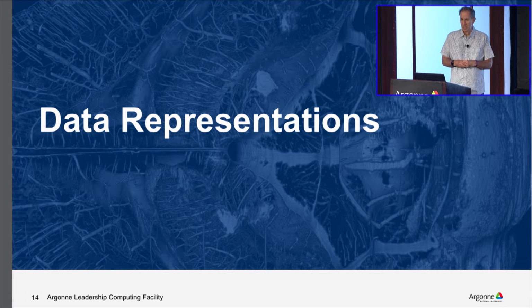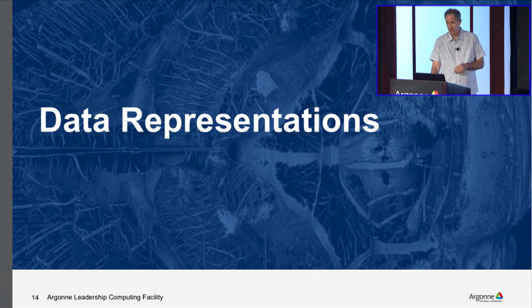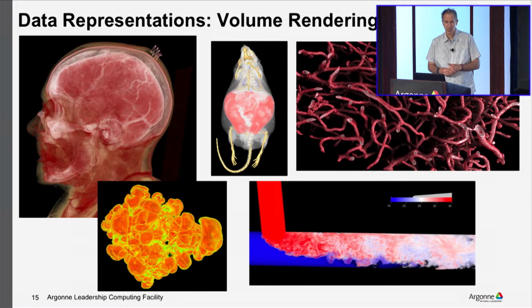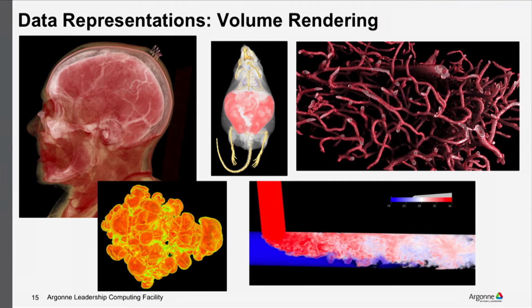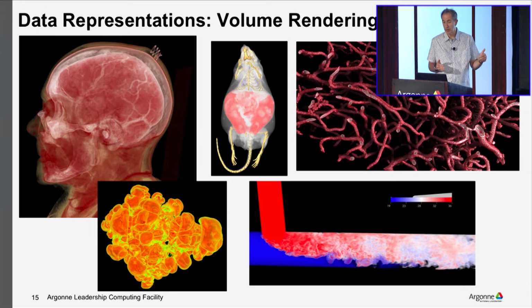So I'll switch over now to talk more about different types of representations, right? What do you want to do with your data now that you've computed it? So one method is called volume rendering, you may be familiar with, which is essentially taking a 3D volume of data and, for each value in your data set or range of values, assigning some color and/or transparency level, right?